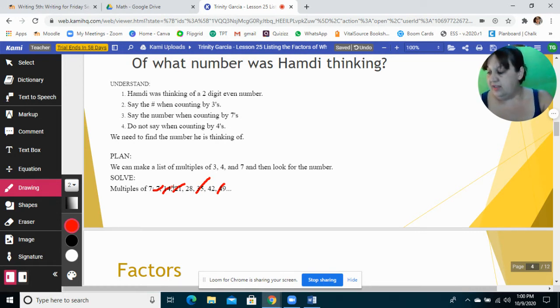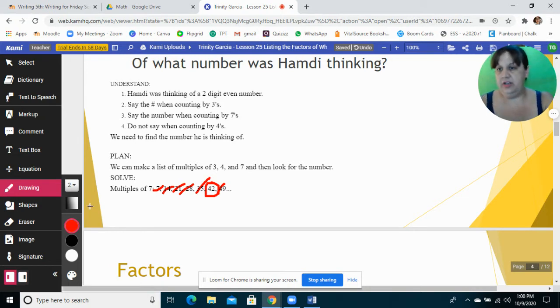And because it's not a multiple of 3, we can check the number 42 and see if it fits. And we could take out 28 as well. Okay, so we have 42 here. Let's see if 42 will fit all of our criteria here.